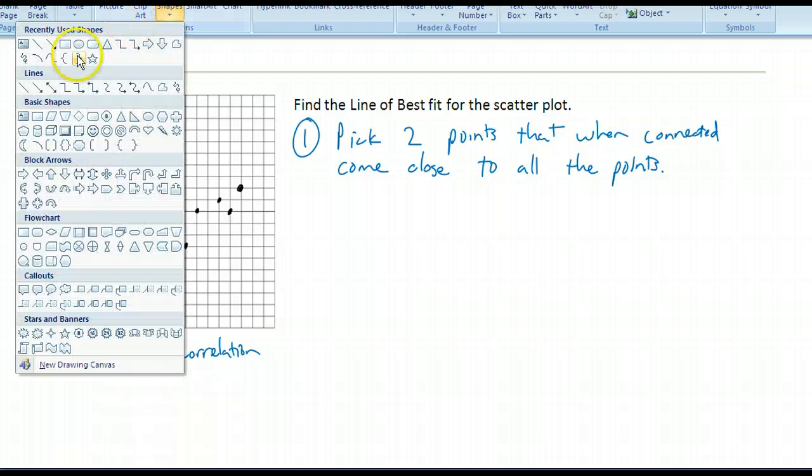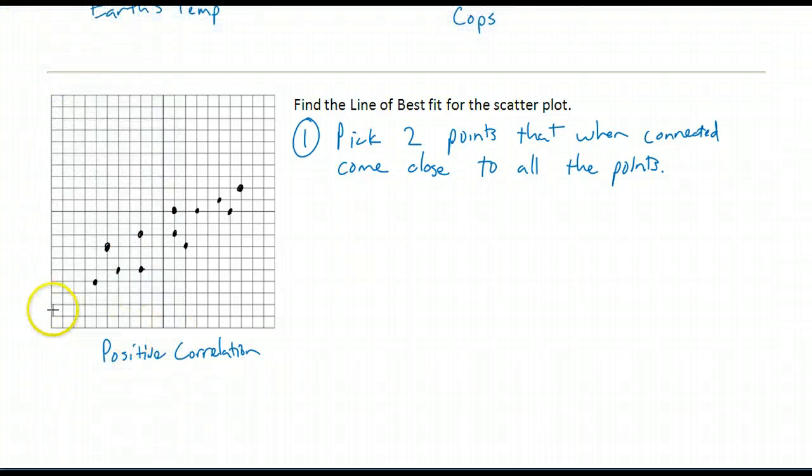If we drew in a line that connected this point to, let's say, this point, we would have a line that connects 2 points, but it doesn't come close to all the points. So we just need to figure out 2 points that, when we connect them, we come close to all the points.